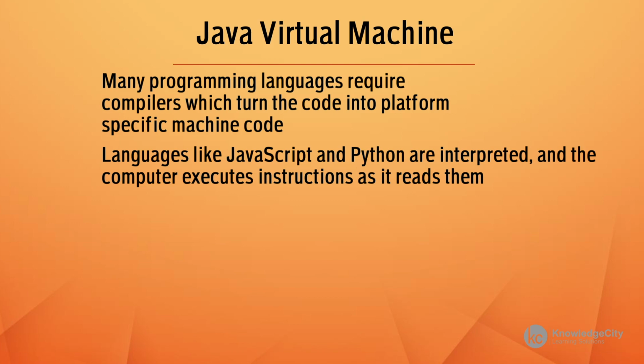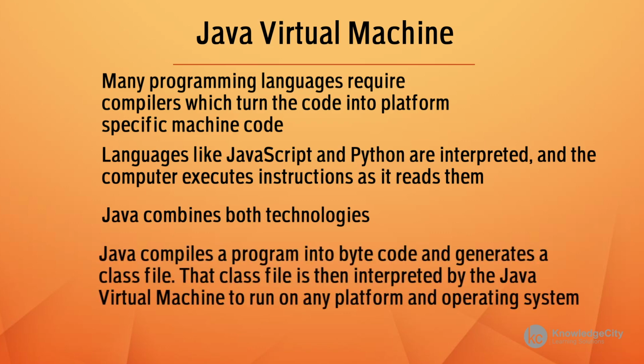But languages like JavaScript and Python are interpreted, and that means that the computer executes the instructions one by one as it reads through them. What Java does is it combines both technologies. Java compiles a program into bytecode and generates a class file. And that class file is then interpreted by the Java virtual machine to run on any platform and any operating system.